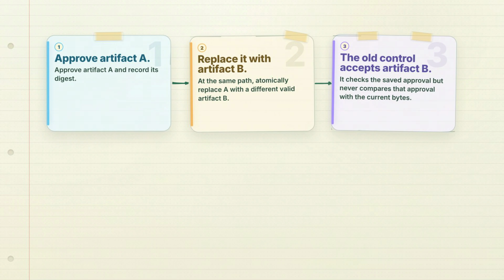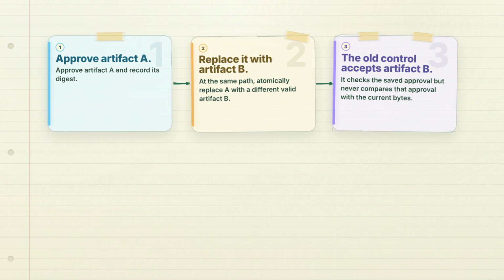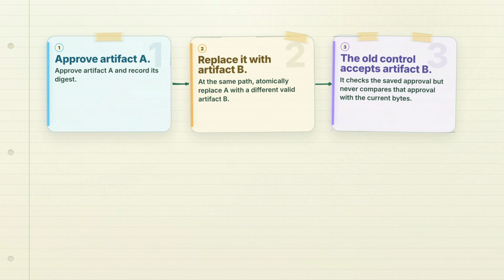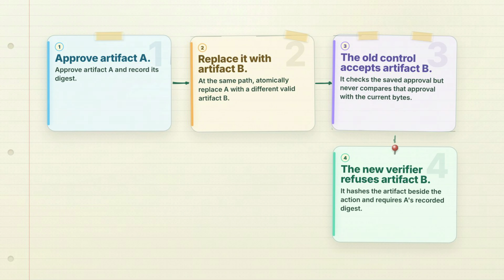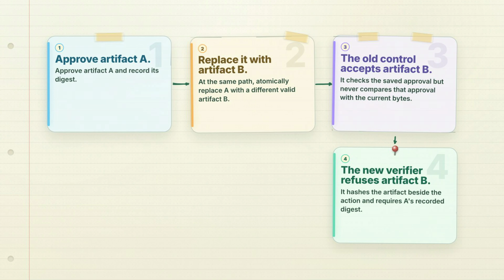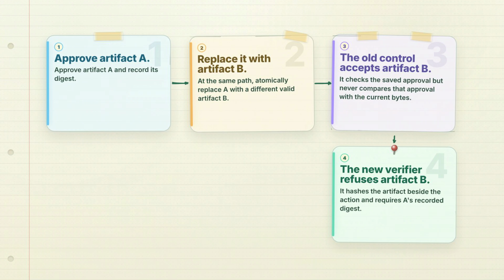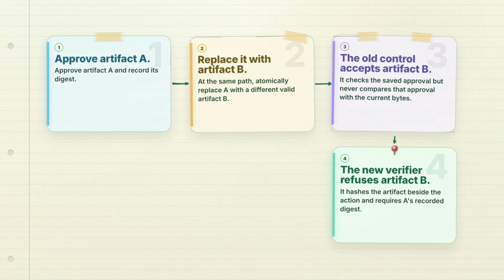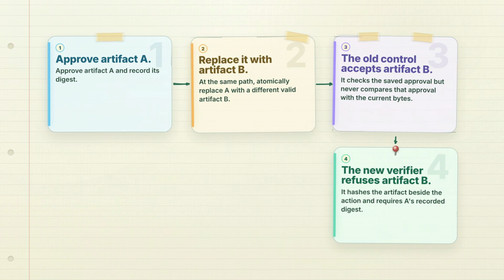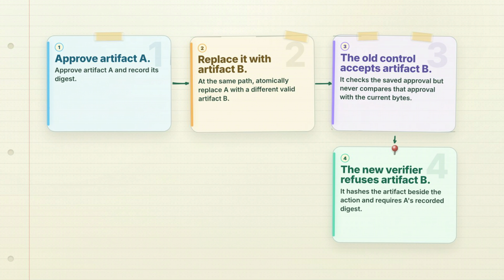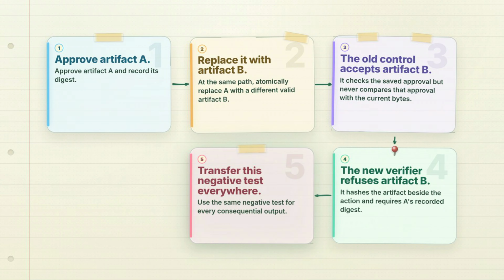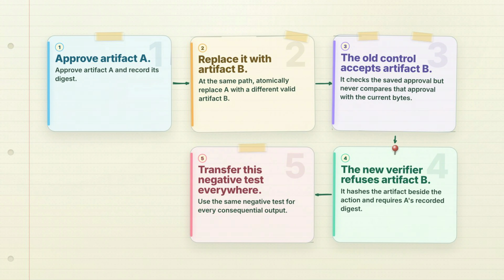The documented control checks saved approval metadata, but it never binds that metadata to the artifact path or current bytes, so it still accepts B. The repaired handoff hashes the current artifact immediately before action and requires it to match A's recorded digest. Both artifacts are fully decodable video with picture and audio. The control accepted B, the identity check refused it. The same negative test applies to binaries, archives, manifests, models, and reports.